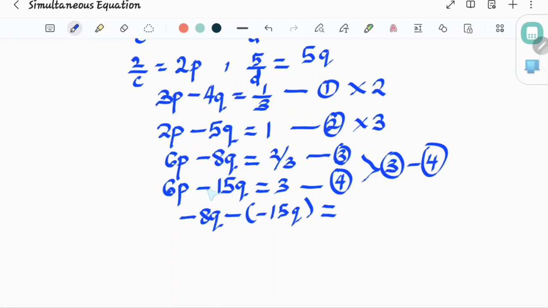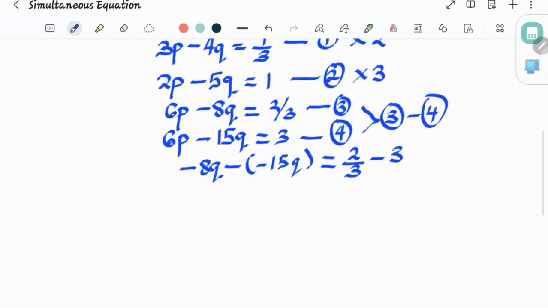Negative 8q minus negative 15q equals, then we have the 2 over 3 minus the 3. So from here we can easily have negative 8q plus 15q equals, the LCM here is just 3.